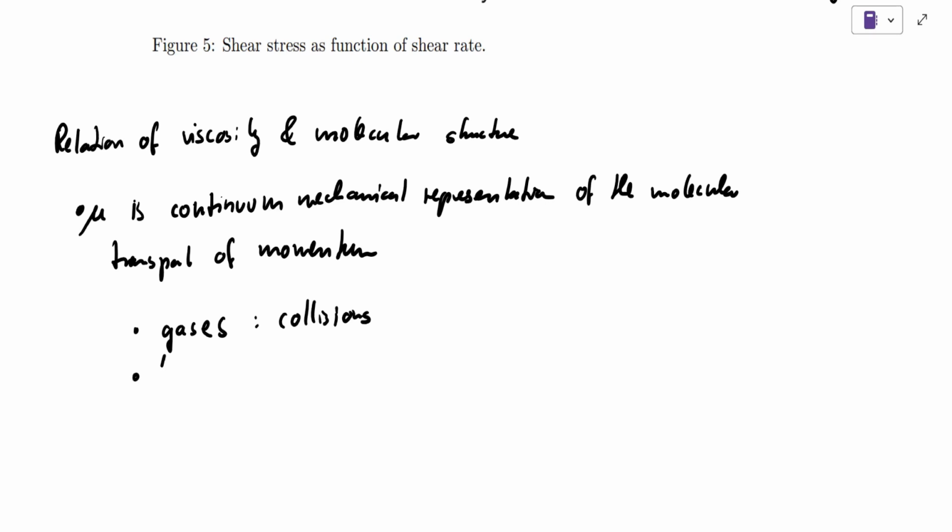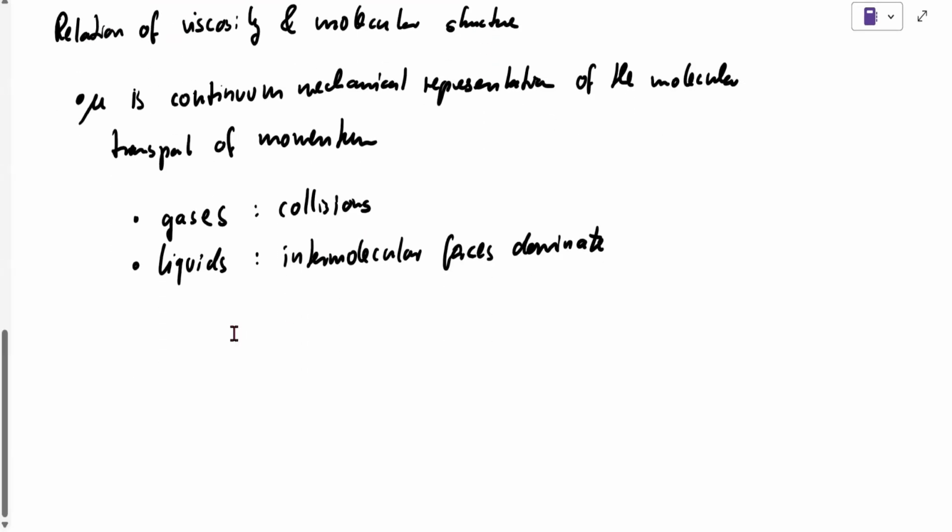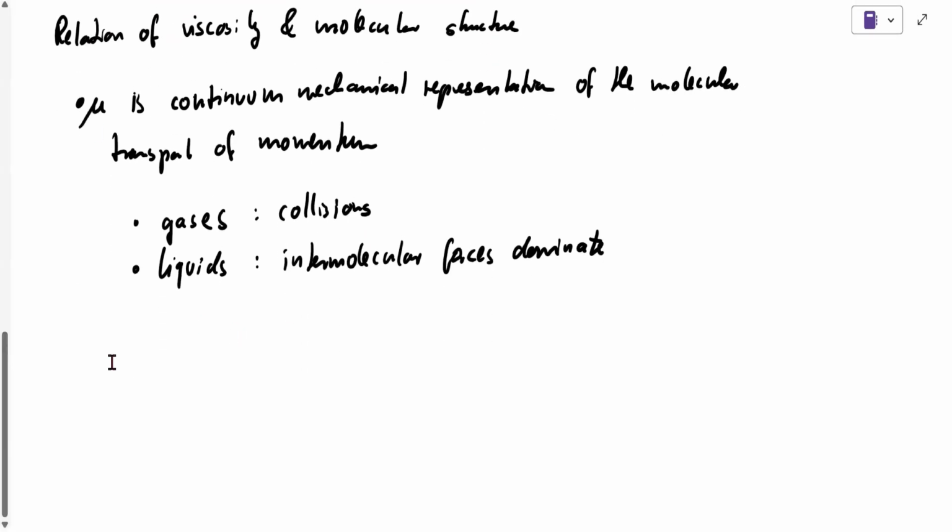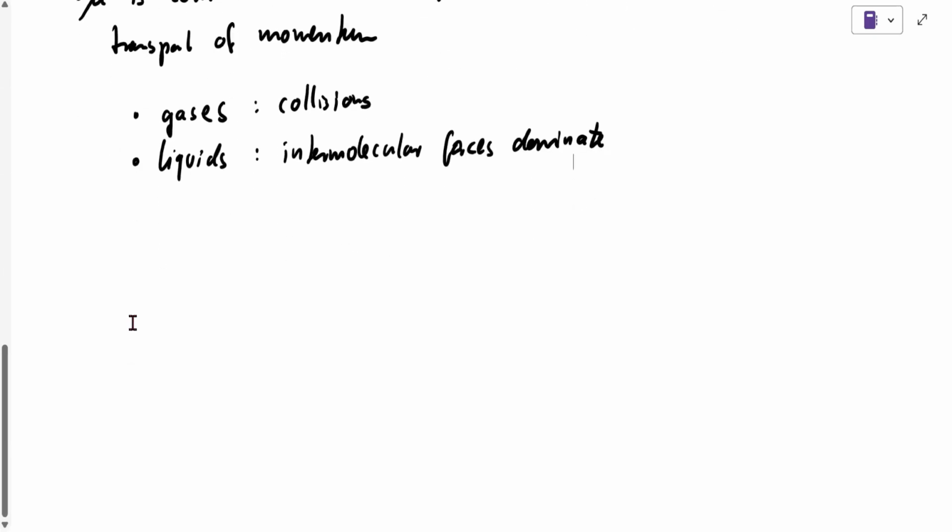And if we have liquids, then the molecules are so close to each other that intermolecular forces are dominant. And that, of course, gives us a hint to what's happening to the dynamic viscosity if we increase the temperature.